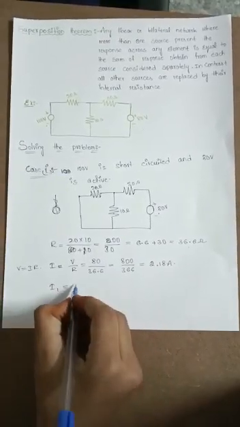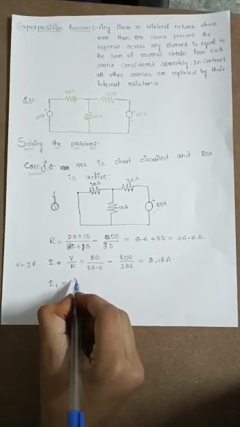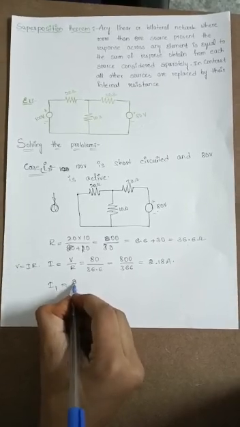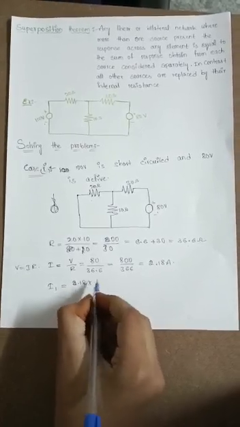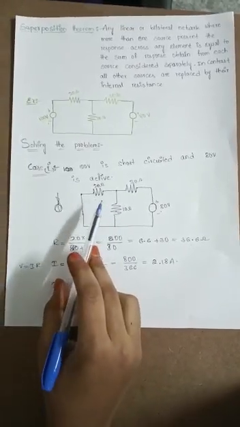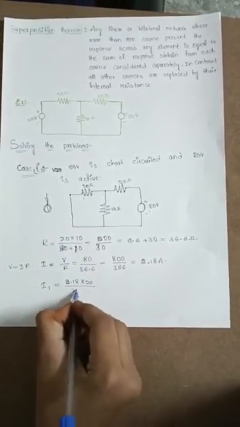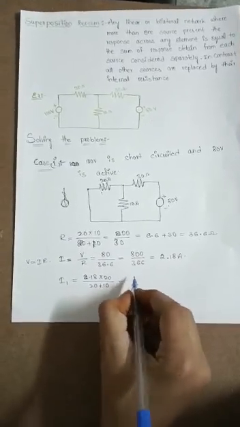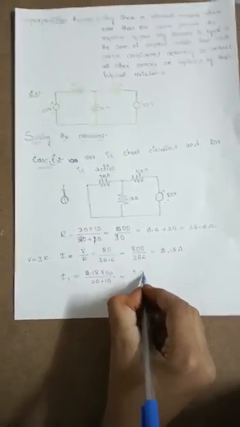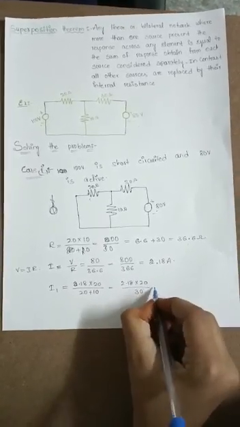Now the current from 80 volts to the 10 ohm resistance. I1 equals, what is the formula? Total current into opposite resistance by opposite resistance plus that resistance, equals 2.18 into 20 by 30.